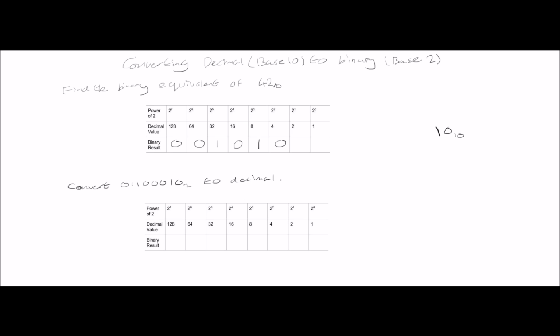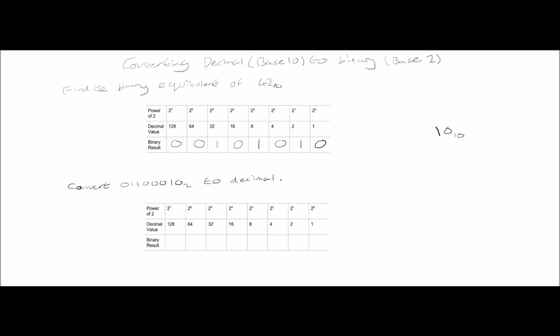If we look at 2 here, if we take 32 away from 42 and then take 8 away, we're going to be left with 2, so we can put a 1 in there. And since now, if we take 32, 8 and 2 away from 42, we're going to be left with 0, there's obviously not going to be a 1 in there, so that's going to be 0.